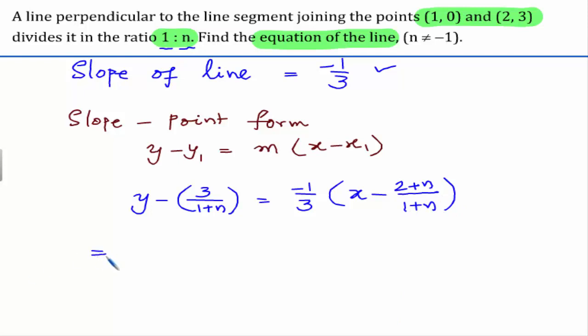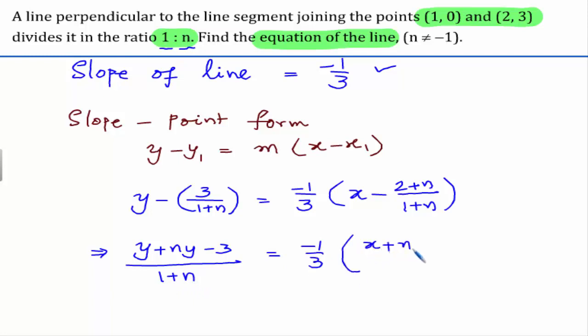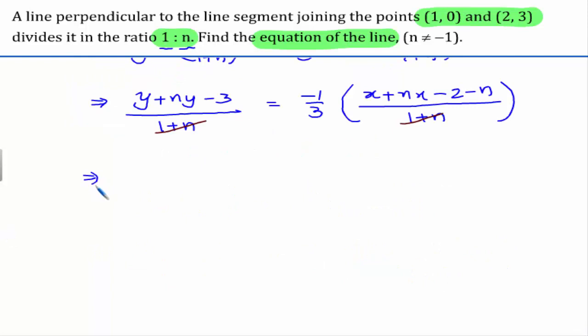Now let us simplify this. We get (y plus ny minus 3) by (1 plus n) equal to minus 1 by 3 into (x plus nx minus 2 minus n) by (1 plus n). Here the 1 plus n on both sides gets cancelled. Now let us cross multiply.